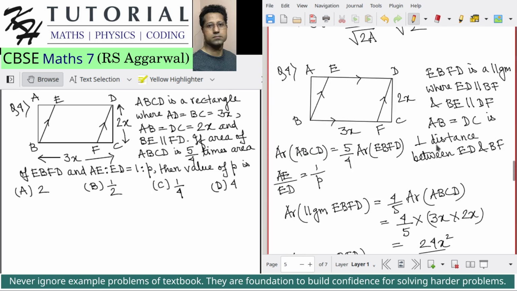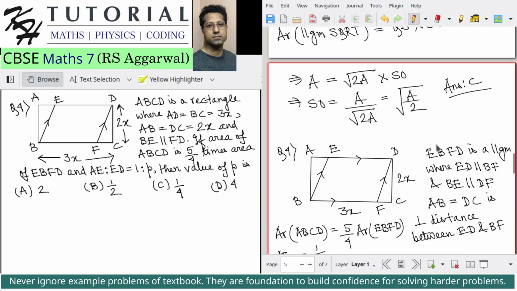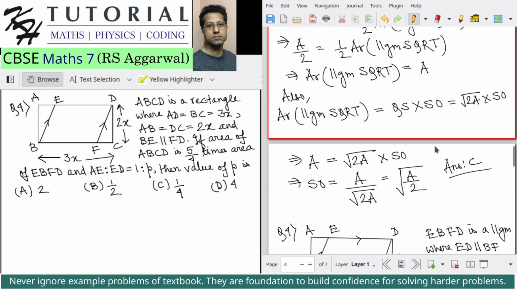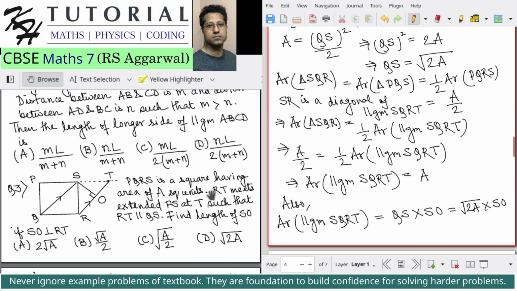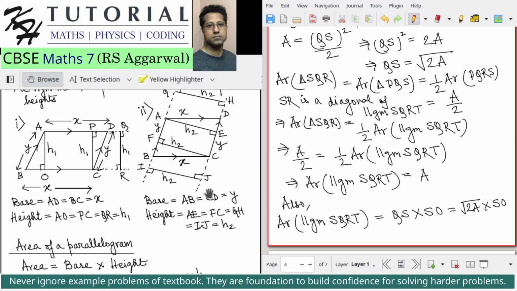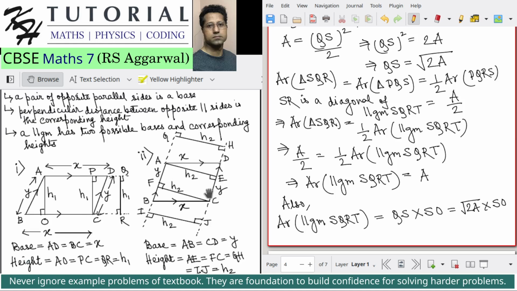Okay. So with this, it comes to an end in discussing the area of a parallelogram along with 4 example problems to illustrate how to apply the concept. The formula for the area of a parallelogram is the product of the base and height, where the base you can consider as the length of any one pair of opposite parallel sides.